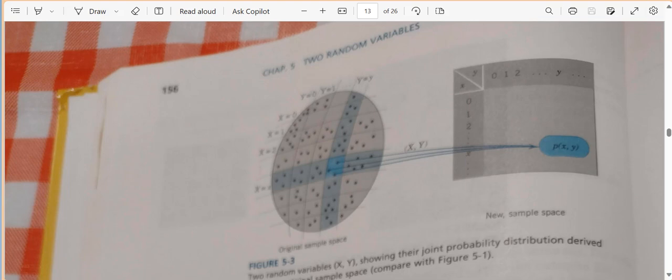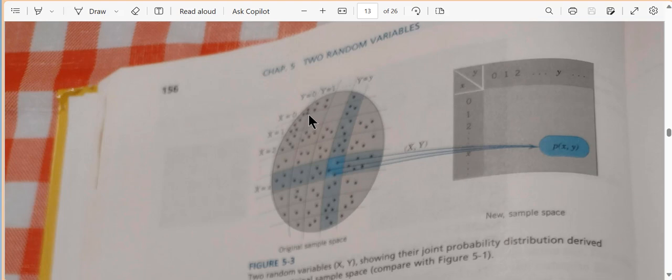So this is just general. There are certain elements of the sample space where y equals 0, that's all of these. And y equals 1, there are other ones, and y equals something else, there are other ones, and so on.